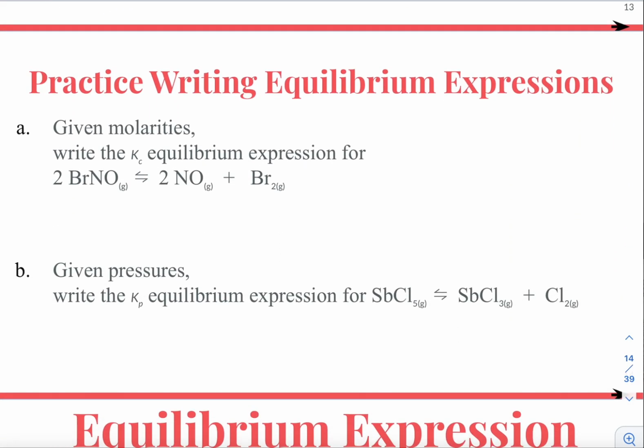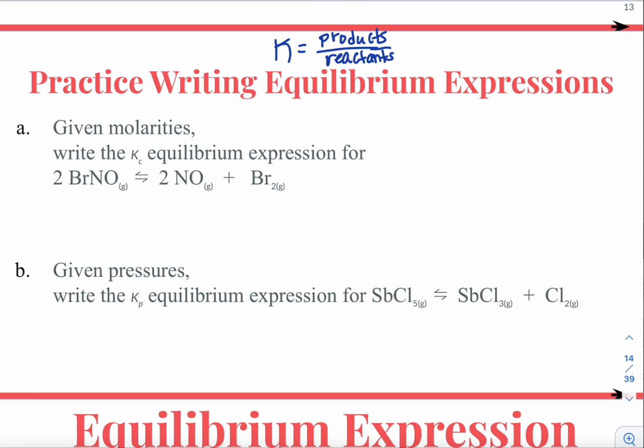Okay, so let's start writing our equilibrium expressions. So in equilibrium expression, a generic form of it is K is going to be the products over the reactants.